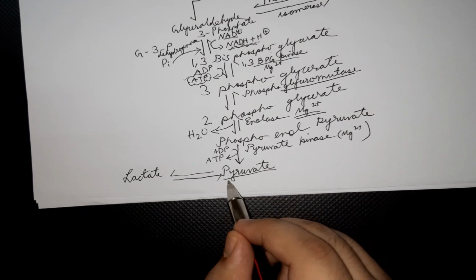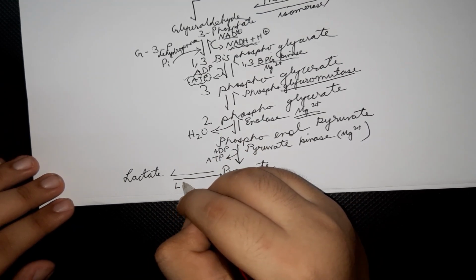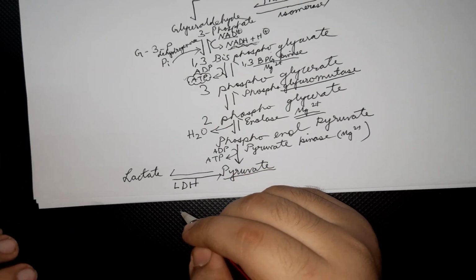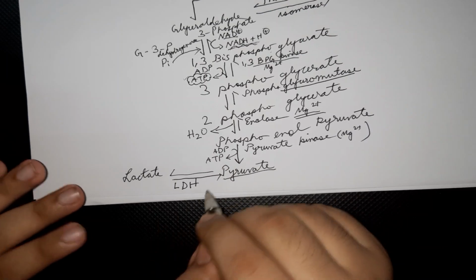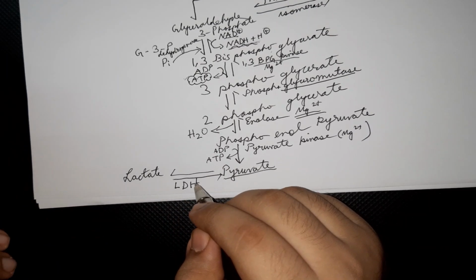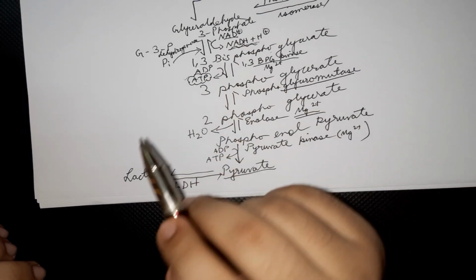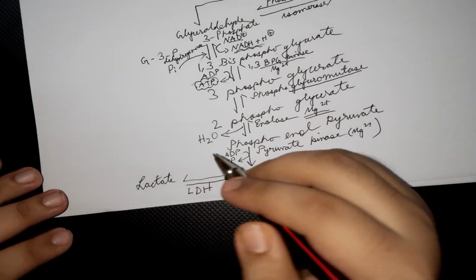And last but not the least, pyruvate to lactate, the enzyme is lactate dehydrogenase. Very important enzyme, lactate dehydrogenase. So what will happen in this reaction is that we had seen that NAD plus is being converted to NADH plus H plus. In this enzyme, the reverse will take place.